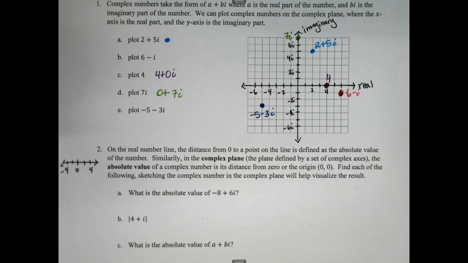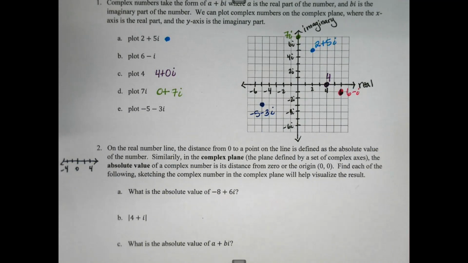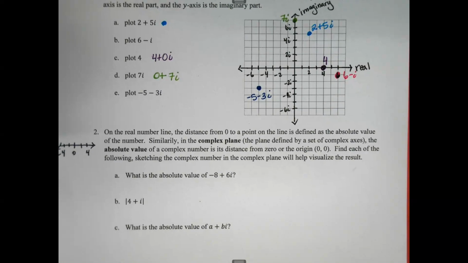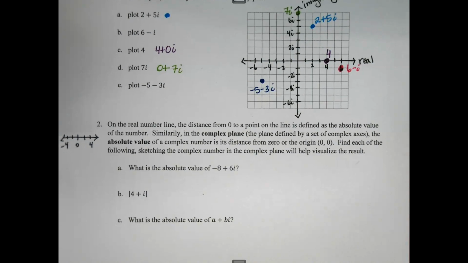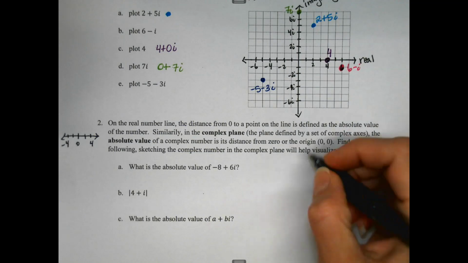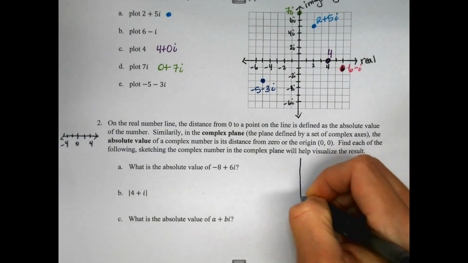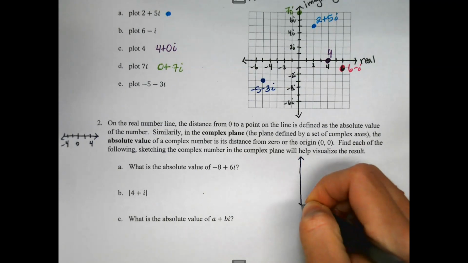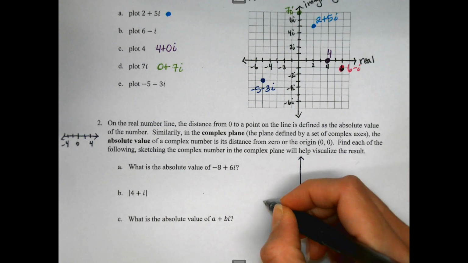Similarly, in the complex plane, the absolute value of a complex number is its distance from 0, or its distance from the origin. Find each of the following; sketching the complex number in the complex plane will help to visualize the results. So I'm going to draw a sketch here of -8 + 6i.